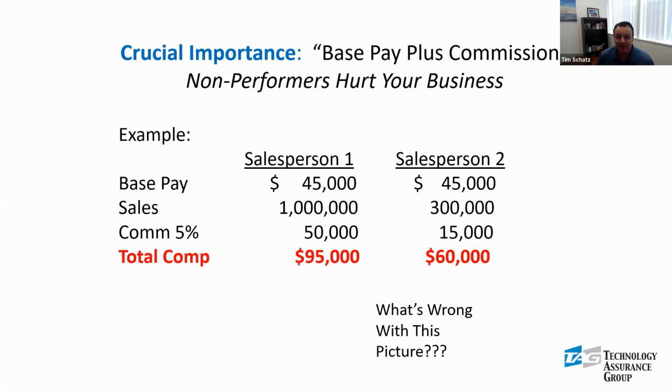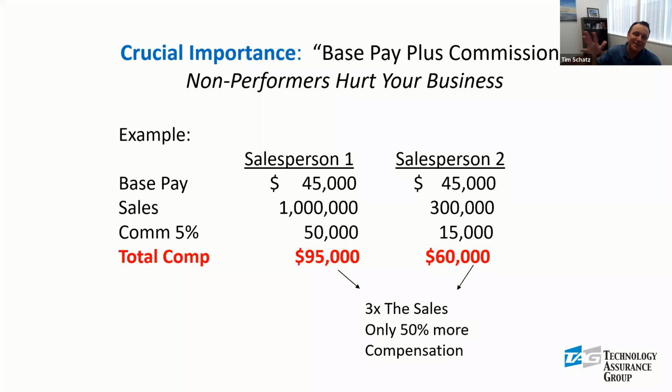Well, yeah. I mean, it seems like they should be making more because this is the problem. I've got 3 times the sales and you're only paying, Courtney, you should be pissed off here. I sold 3 times as much as Tim, but I'm only getting 50% roughly more money. If I sell 3 times as much, I'm only going to make 50% more compensation than somebody who's just phoning it in. That's not fair.